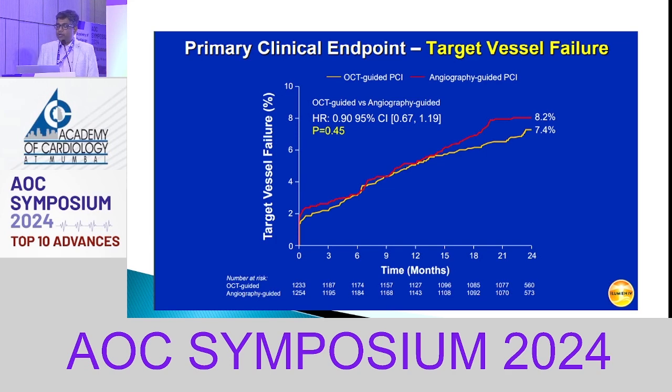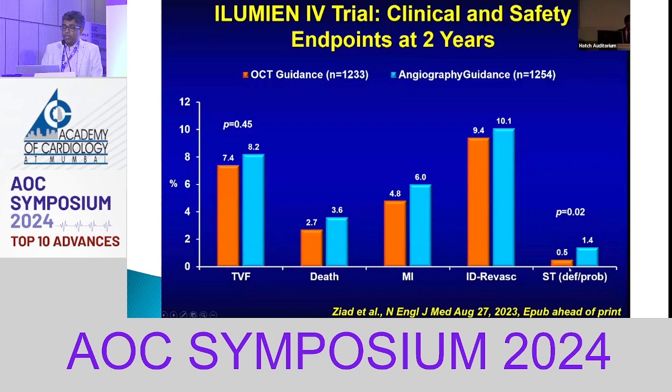Target vessel failure showed a non-significant reduction with OCT, not statistically significant at the end of 2 years. Looking at the secondary endpoints, death was relatively lesser with OCT, MIs were relatively lesser, but not statistically significant. But stent thrombosis was statistically reduced with OCT.